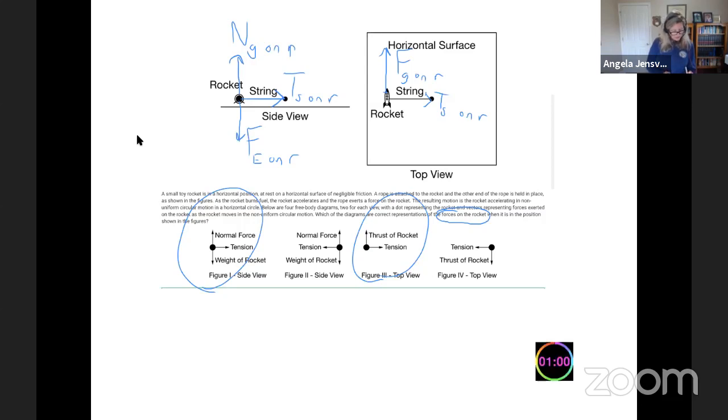What are they doing here? They're showing the tension on this pin. I guess maybe if there's a pin right here holding that string in place, that would be the tension on the pin. And same thing here, they have tension pulling to the left. That would be the tension on this pin. But we want the forces on the rocket, so you have to be careful.